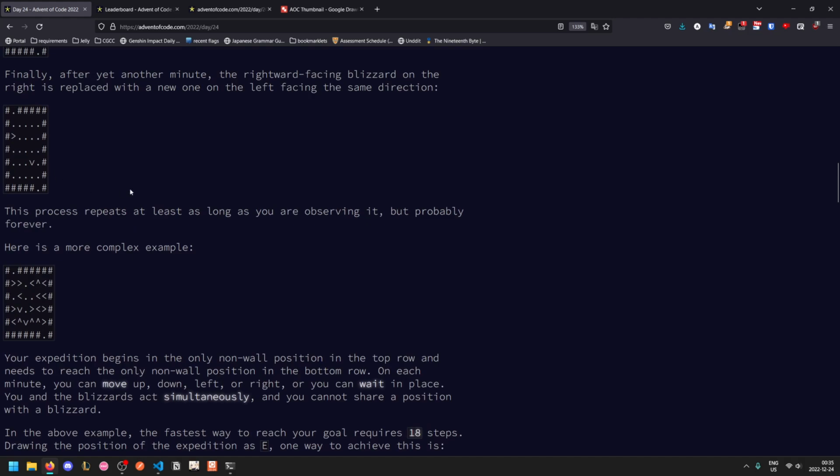So one immediate observation we should make here is that the board state will be the exact same after a certain amount of iterations. Each row cycles. Let's call the width of the board c for the number of columns and the height r for the number of rows. Every c iterations, each row will be in the exact same configuration as before.